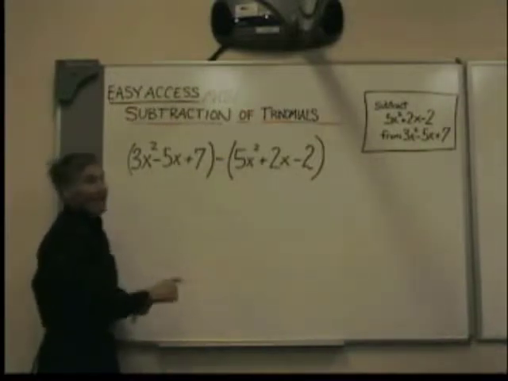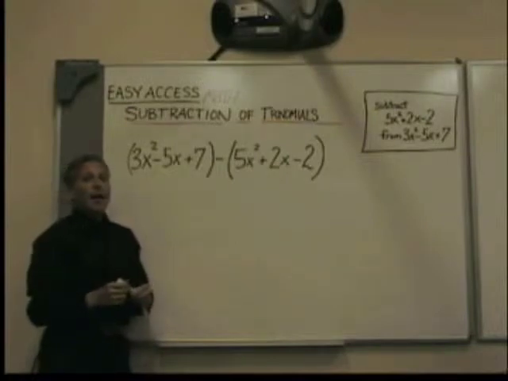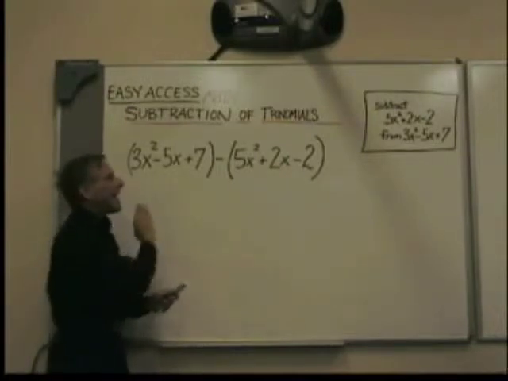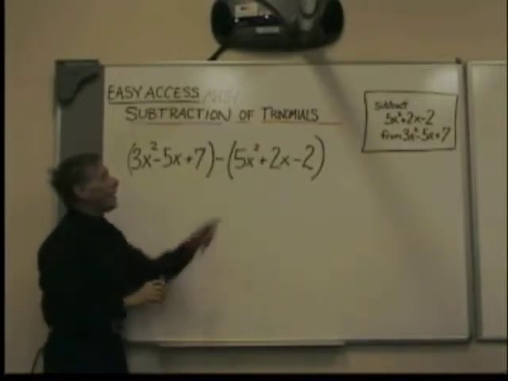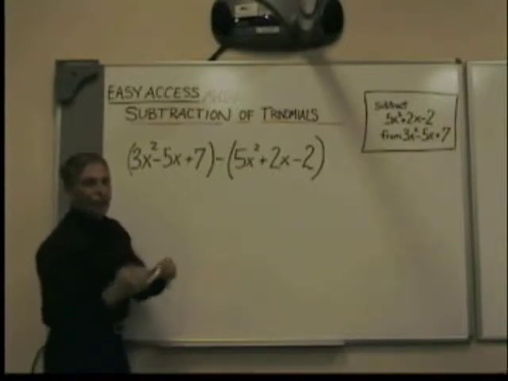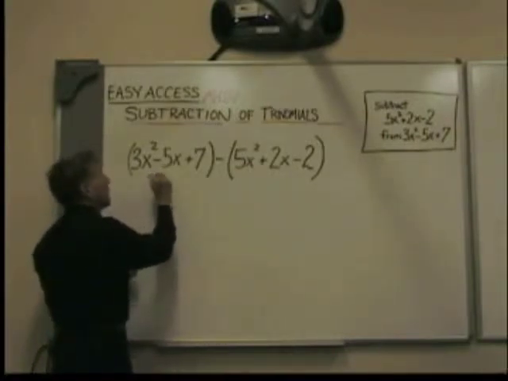Okay, that's the command. And when you see that subtraction sign, that command is to change the signs in everything of the second trinomial. All the signs of the second trinomial change. So you keep the first one.